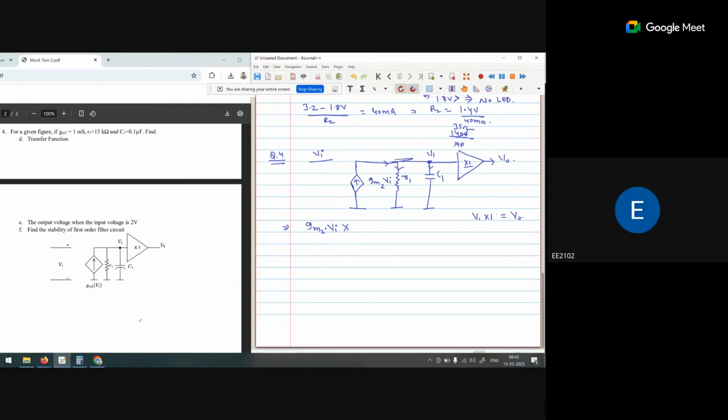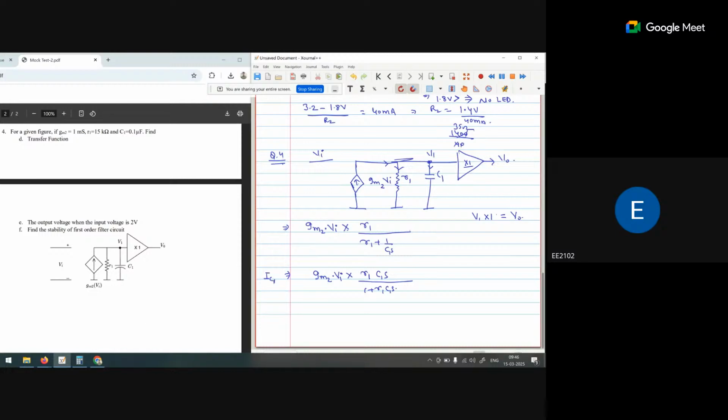The resistance of the opposite branch, R1 upon R1 plus 1 by C1s. That is equal to Gm2 multiplied by Vi into R1 C1s upon 1 plus R1 C1s. Okay, so this is the current.